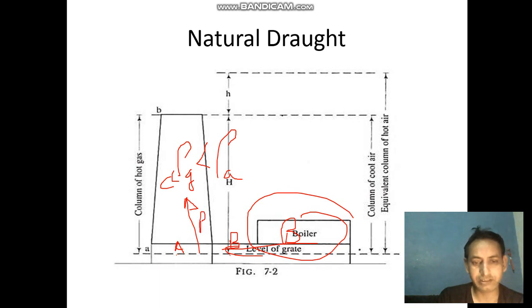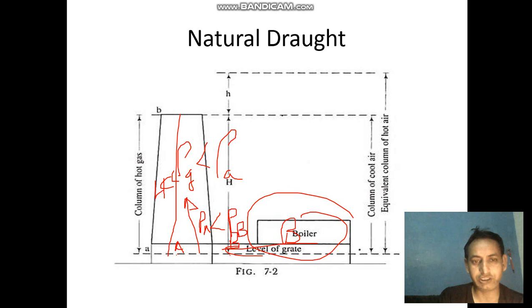The pressure at A is always lesser than the pressure at B. At the same grade level, with the same height H of the column, the difference in density will create a pressure difference, and that pressure difference will create the movement of the flue gases from the boiler house to the chimney.